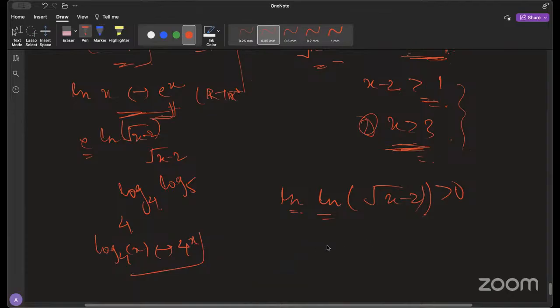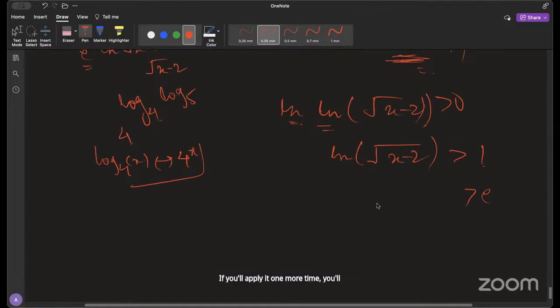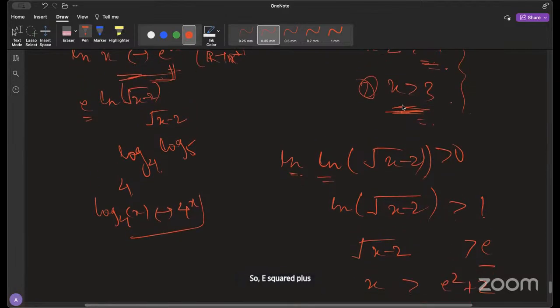Okay, then you apply it one time, you get this thing. If you apply it one more time, you get e and square root of x minus 2 greater than e. And now you just have to solve this, so you get e square plus 2. That's it. So e square plus 2 is clearly greater than this.